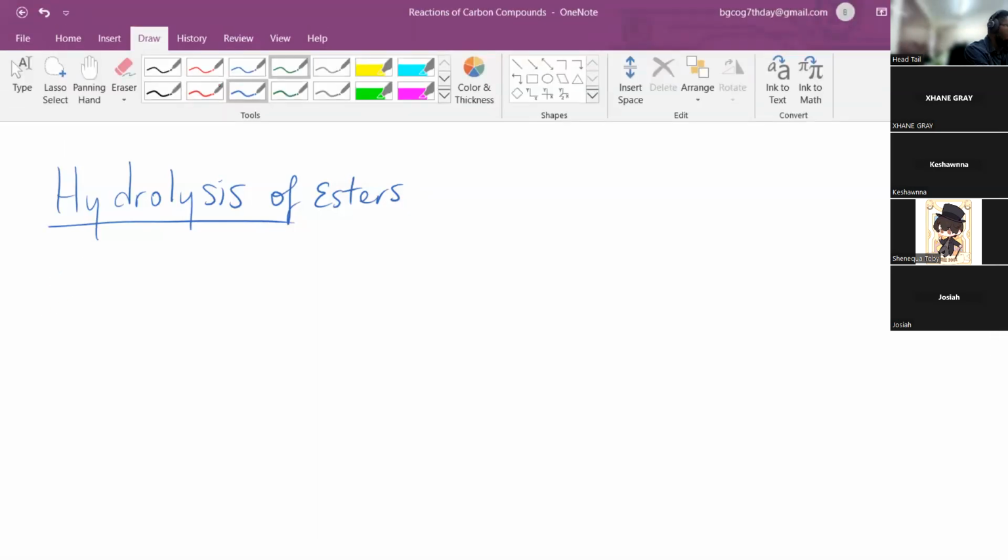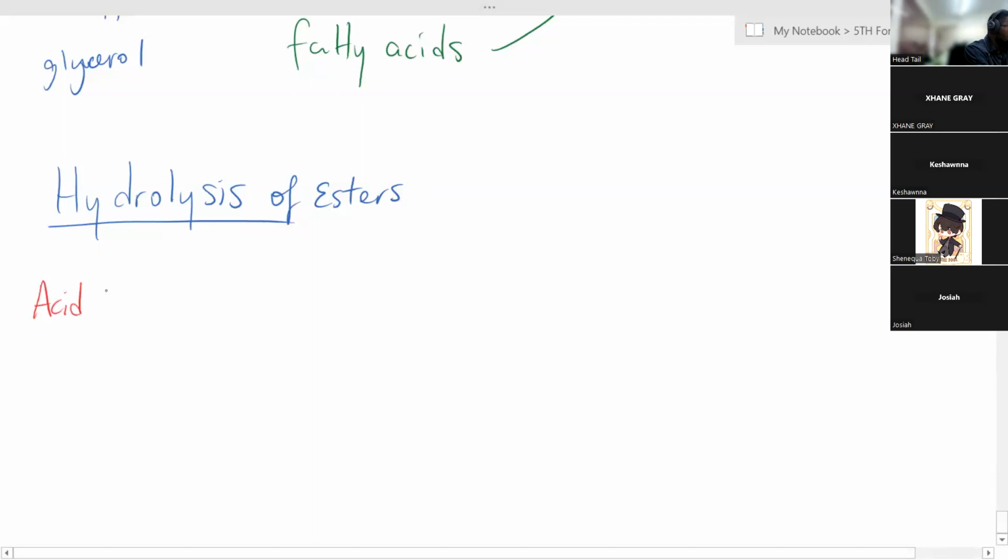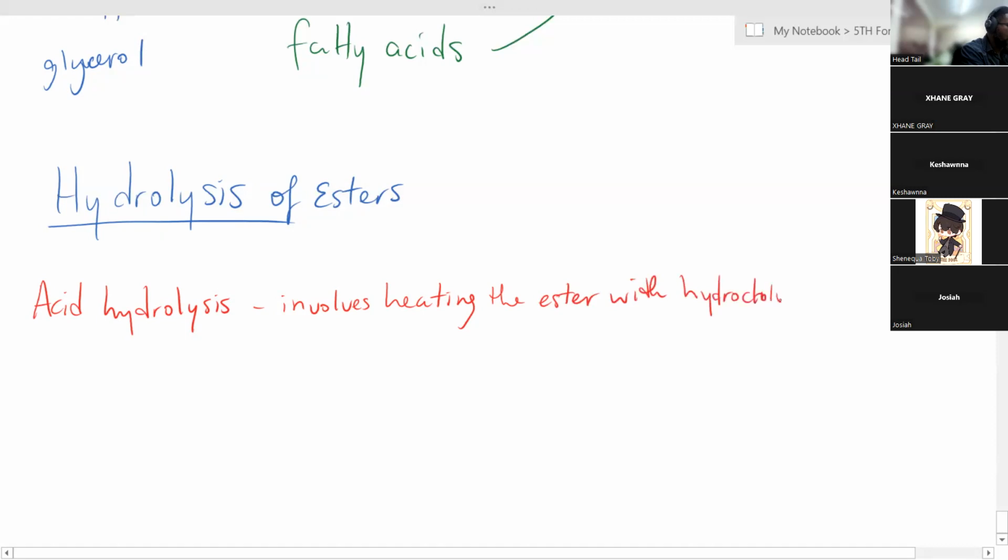So let me put that in red. Acid hydrolysis. And that is when we use acid to separate. So in this case, this involves heating the ester with hydrochloric acid or sulfuric acid.